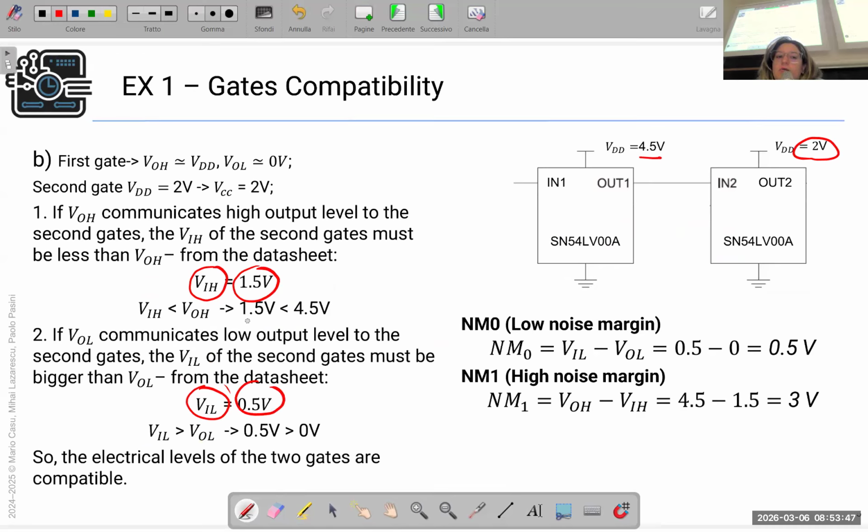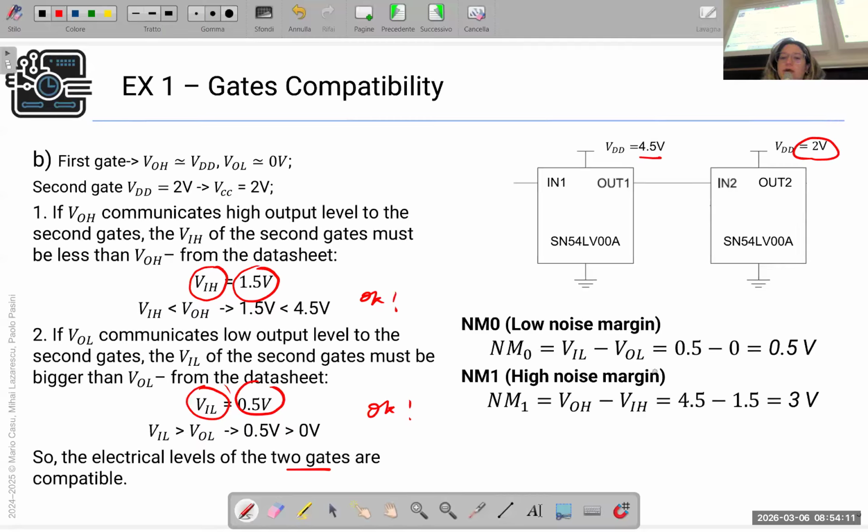In this case, 1.5 volts is minor than 4.5 volts because the first gate is the same. So the condition is respected. At the low level, 0.5 is still major than 0 volts. So even in this case, the condition is respected and the two gates are compatible.